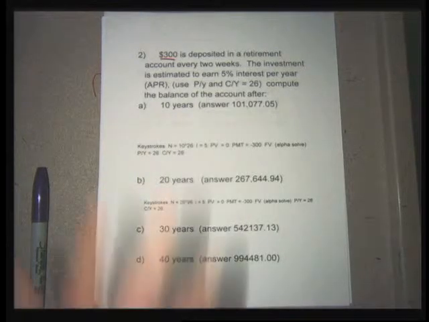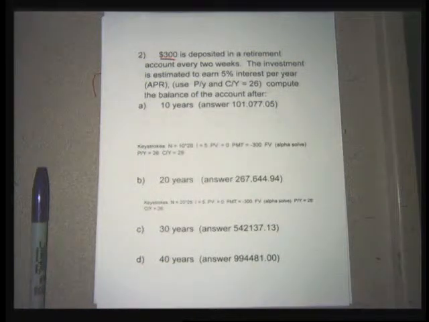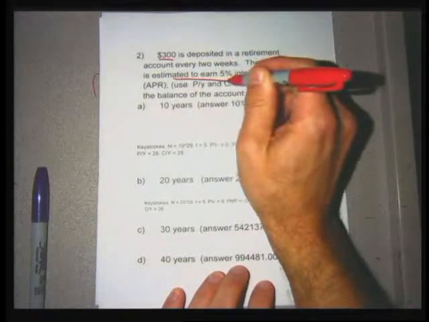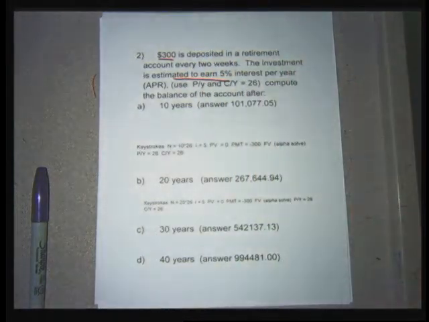So anyways, $300 is deposited into a retirement account every 2 weeks, and I made an estimate of how much this account will earn per year. This isn't guaranteed. Right now there's no guarantee that if I deposit money into some sort of retirement savings account that it's going to get 5% interest per year.